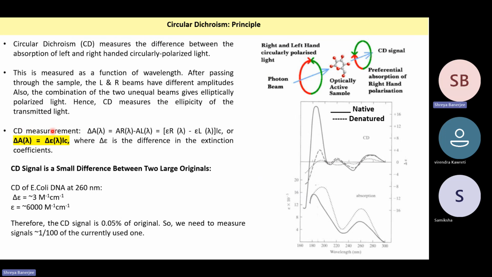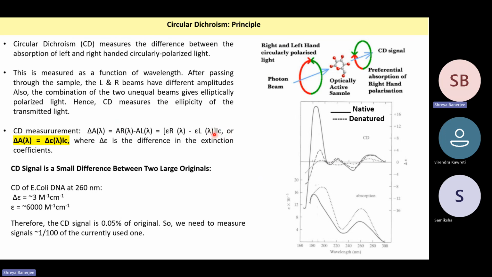So what you are measuring in CD spectroscopy is the difference in absorbance. AR is the absorbance of the right circularly polarized light, and AL is the absorbance of the left circularly polarized light. The difference in absorbance of these two is what you are measuring in CD. You can write absorbance as epsilon CL, where epsilon is the absorptivity, and C and L are the concentration and length, by Lambert-Beer's law.